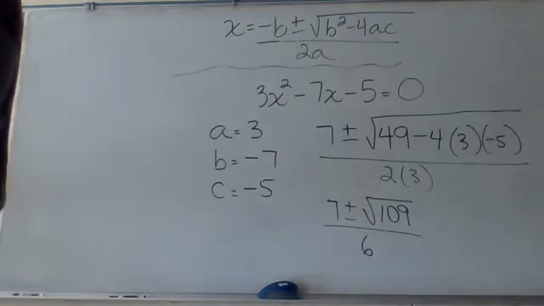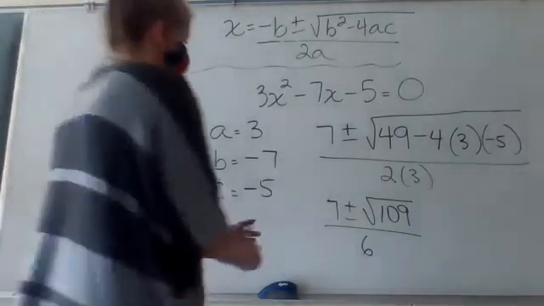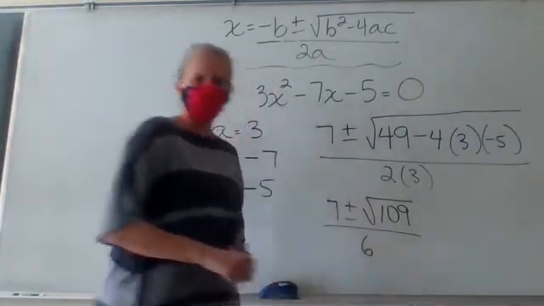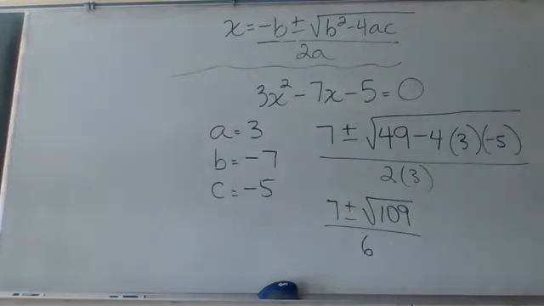Oh, don't divide it by 2. What do you divide it by? That's 6. 7 plus square root 109. Enter and then divide it by 6 to get 2.9067.